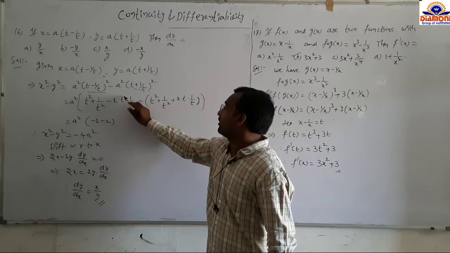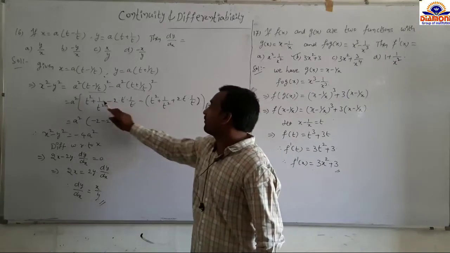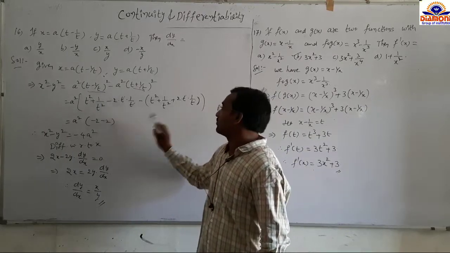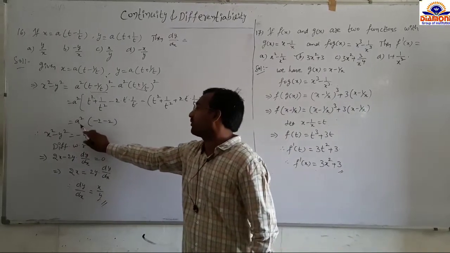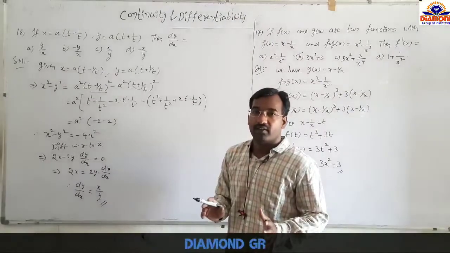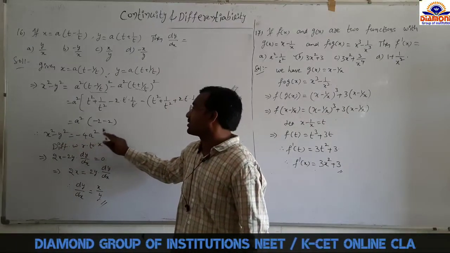Here t cancels, here also t cancels. Next, t square cancels, 1 by t square and 1 by t square cancel. What is remaining? Minus 2 minus 2 is minus 4. Minus 4 into a square is minus 4a square. So the parameter t is eliminated. Now the equation is x square minus y square equal to minus 4a square.